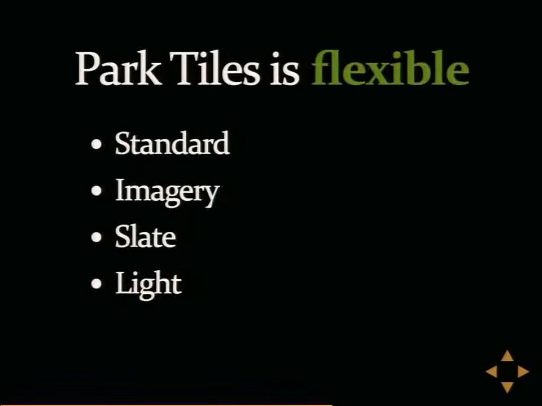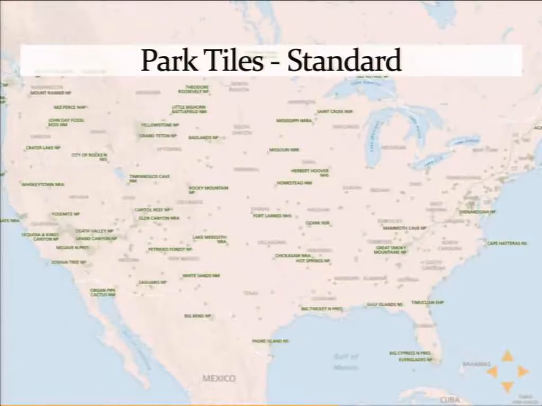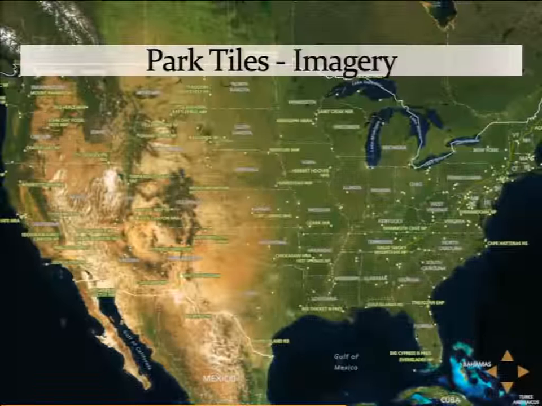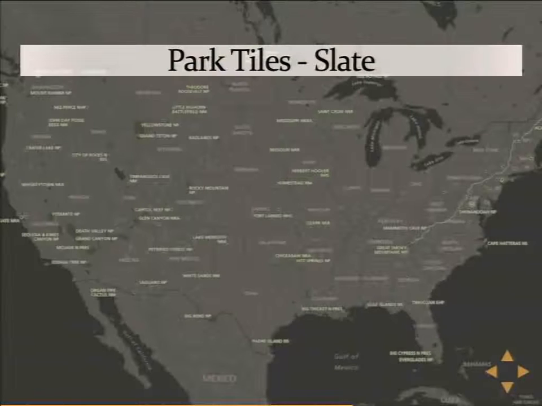And the idea also is that it's flexible. So Park Tiles currently comes in 4 different flavors. We have Standard, which is what most parks are using if they're using this on their website. It's our kind of default. But we also have a version of this with imagery. You might recognize this as Mapbox satellite imagery. We have a version called Slate that's darker.